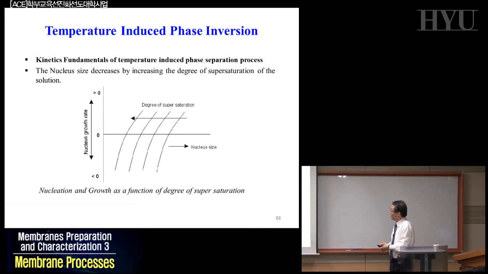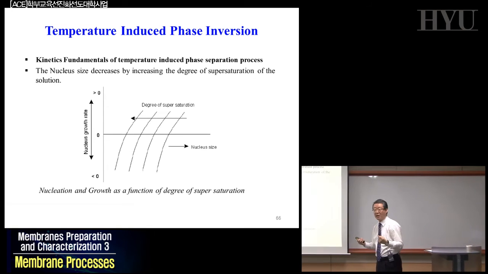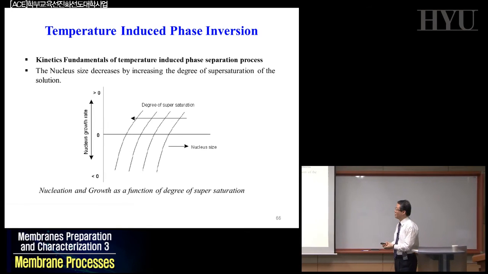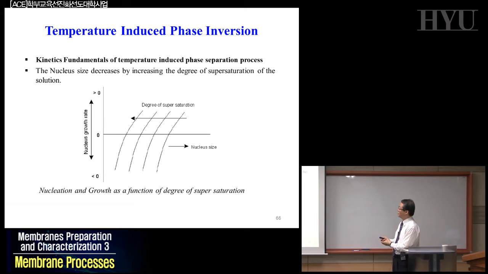I'm sorry. So these are the opposite trends for nuclear size and degree of saturation or the polymer concentration, as you can see here in this case.